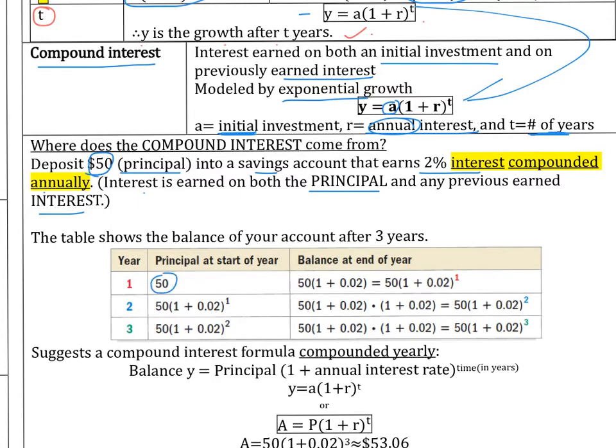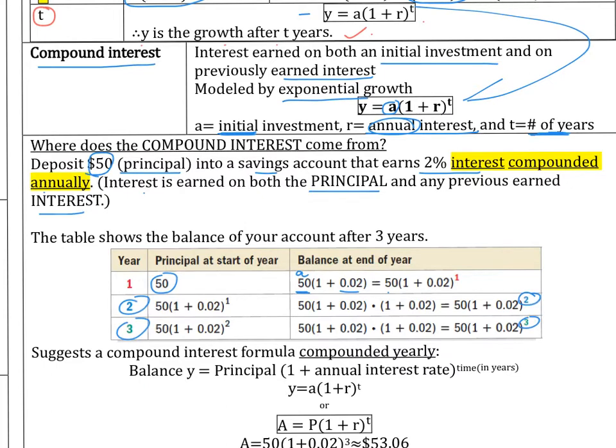You began with $50, and by substituting in 2% into the formula and the principal of $50 as your a, you would get 50 times the sum of 1 plus 0.02 to the first power. And after 2 years, it would be to the second power. After 3 years, it would be to the third power.